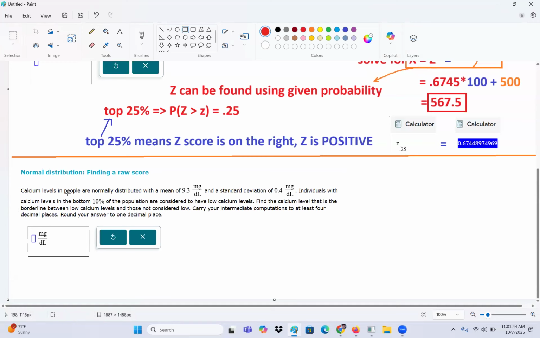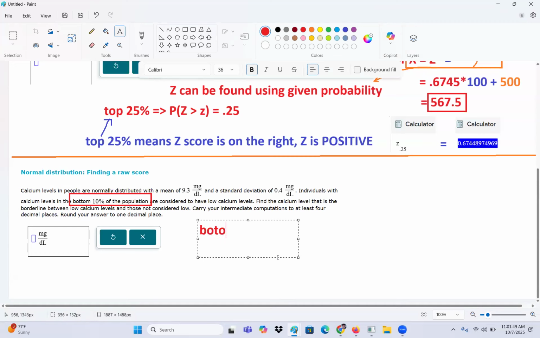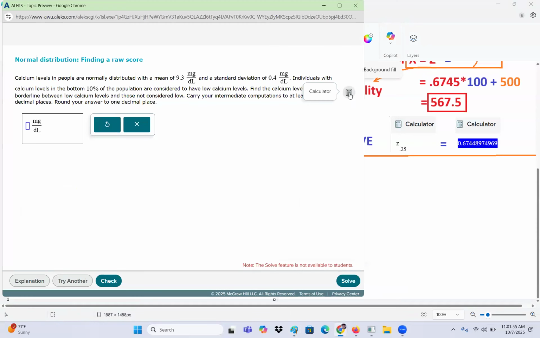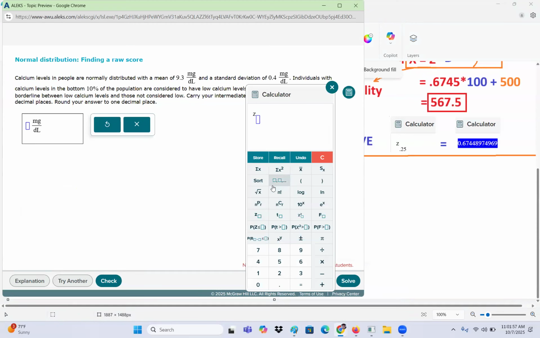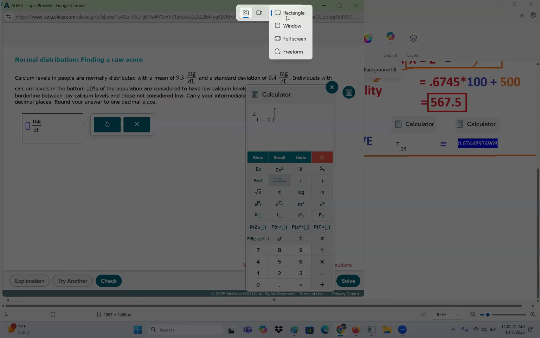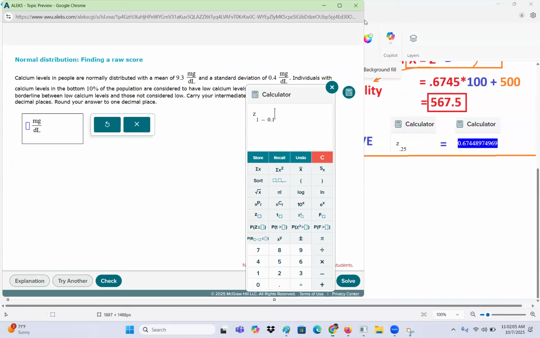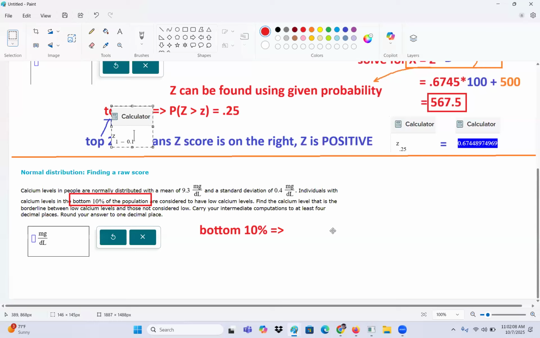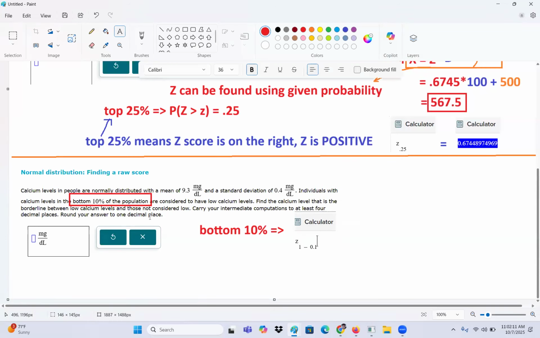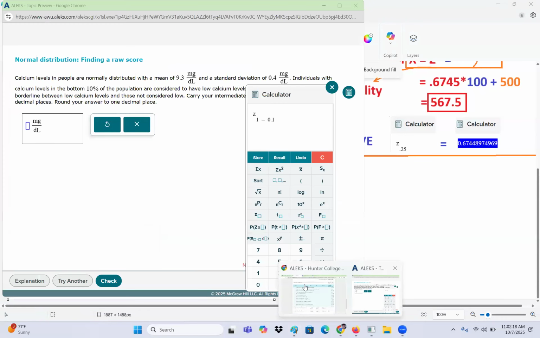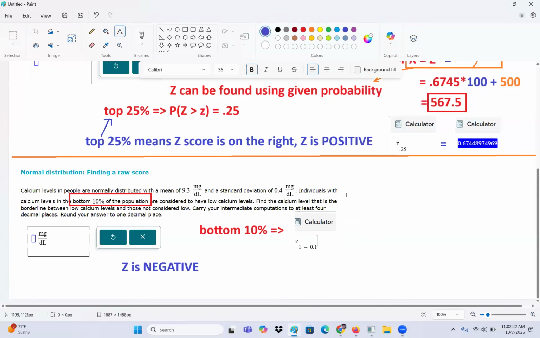So the bottom 10%, you're going to take the probability of the Z, 1 minus 10%, because the z will be negative. When you compute it, you're going to get negative 1.28.